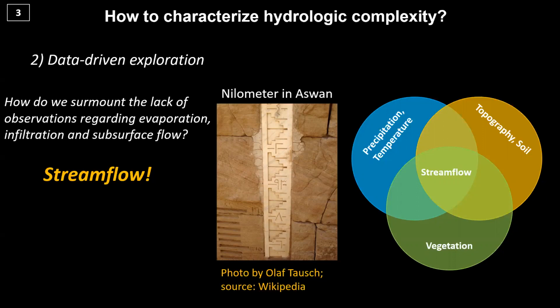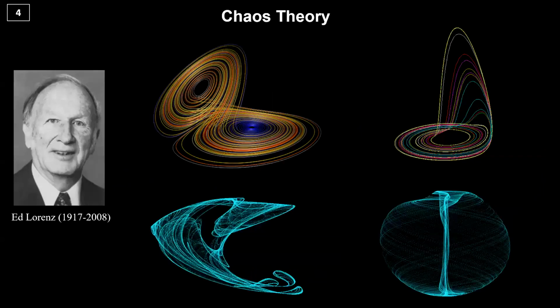So in a way, streamflow encodes all the complex interactions that conspicuously distinguish a hydrologic basin. And if we were to use streamflow observations to characterize hydrologic complexity, then we need methods that are able to exploit the information content of the data. I hope to convince you today that the answer lies in chaos theory.